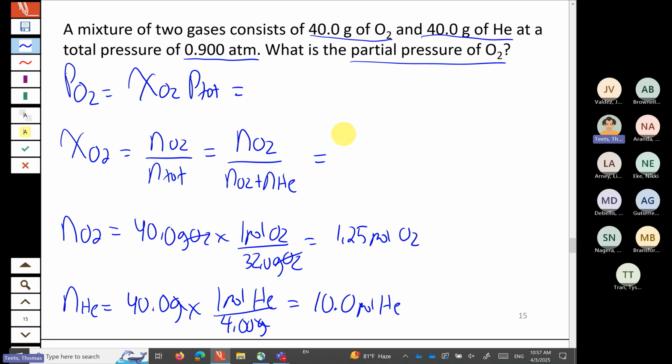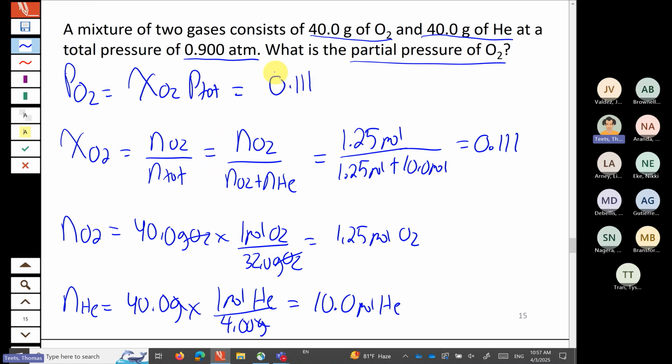So to get the mole fraction, we take the number of moles of oxygen, which is 1.25, and we divide it by the sum of the two, 1.25 moles for oxygen, 10.0 moles for helium, and that ratio comes out to 0.111. All right, so that's the mole fraction of oxygen, and so then what we end up with is 0.111 multiplied by the total pressure, which is 0.9, comes out to 0.0999 atmospheres.